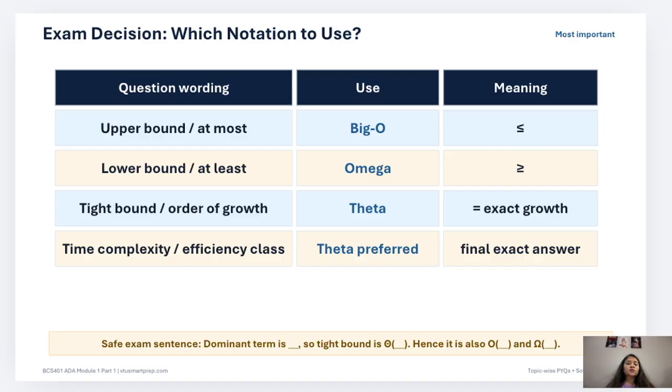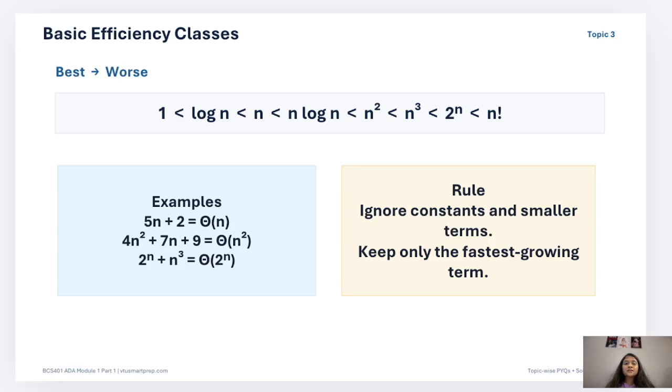Next, we can move to the next slide, which is basic efficiency classes. This slide shows the order of common efficiency classes. This slide is also very important, showing which is given higher preference. Here you can see, if we move from left to right, complexity becomes worse.